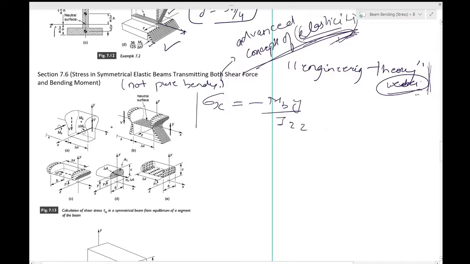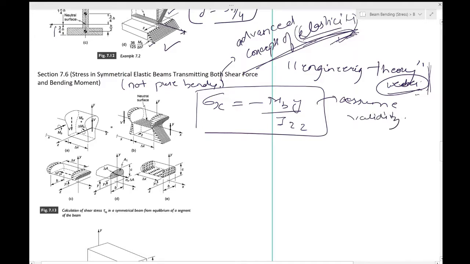You have to assume that this is valid even when MB is not constant along the length, or in the presence of shear force. So this is an assumption which is being taken.